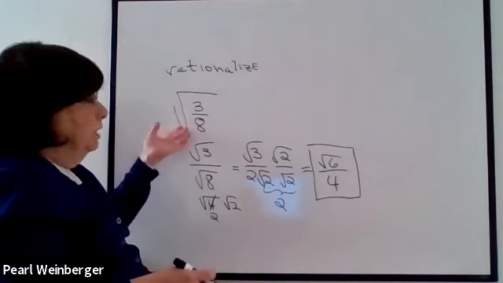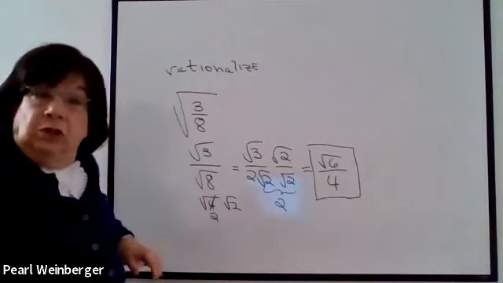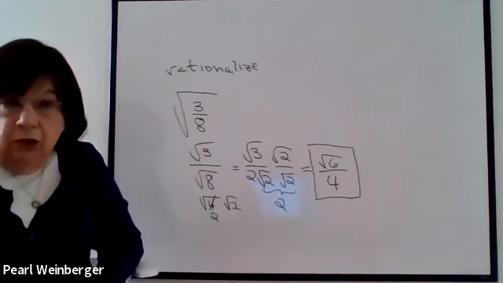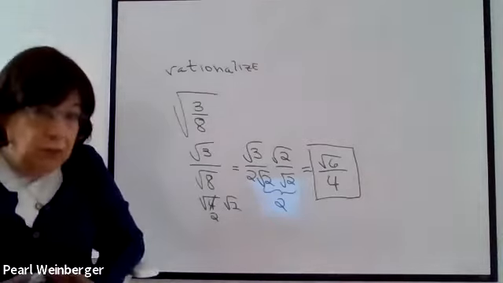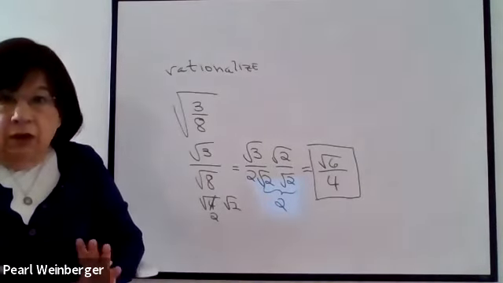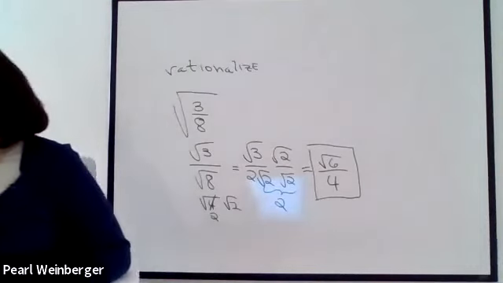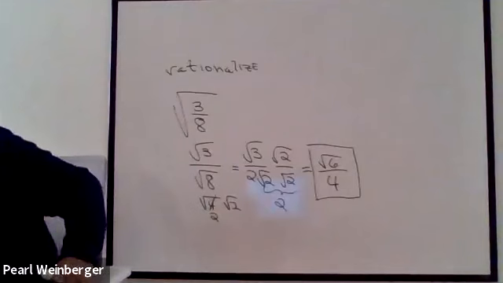Now, some people would say, well, how is that simpler than this? That's the definition. To simplify a fraction with a radical means to get rid of the radical in the denominator. It doesn't matter what happens in the numerator, you must not be left with a radical in the denominator. Okay, let me see if you can do a problem like this.